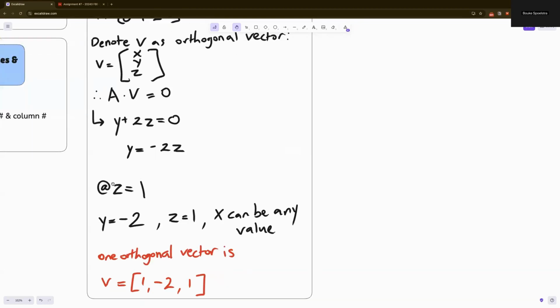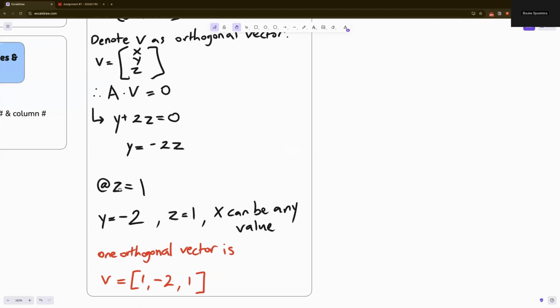So if we just take one of the numbers as an arbitrary number, let's say z equals 1, then we can find what y and, I should have said, x are. If z is 1, then we plug it into this equation, so y would be negative 2.